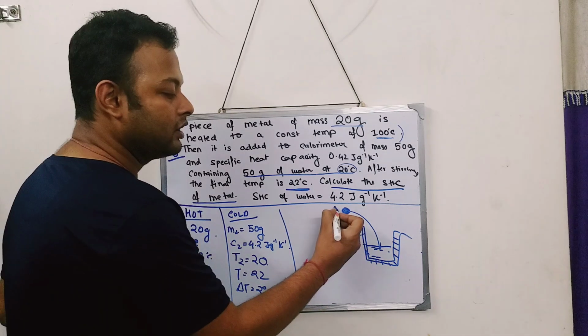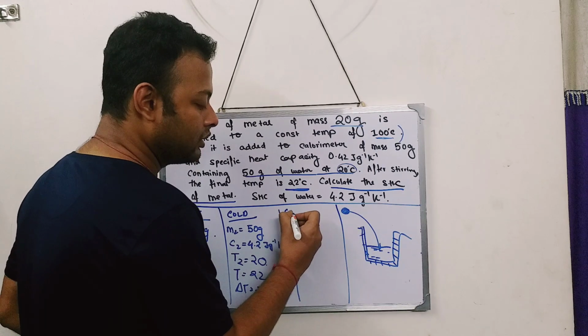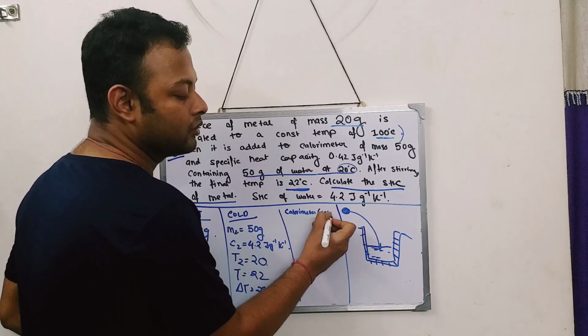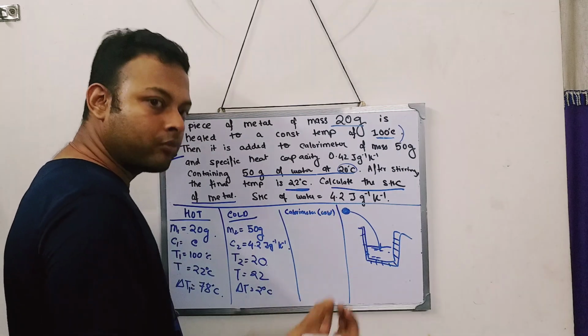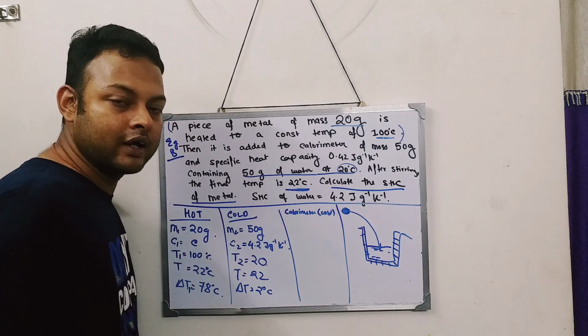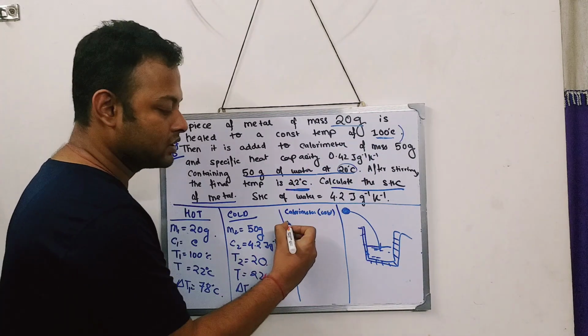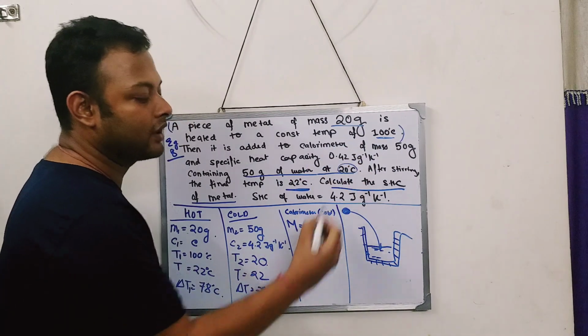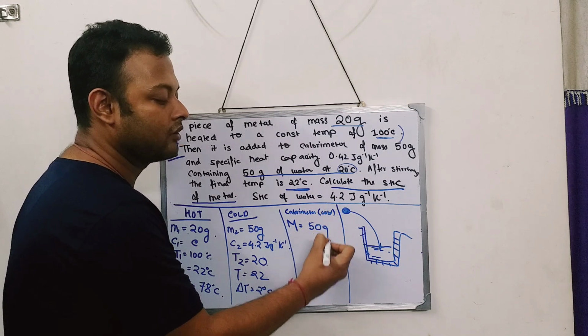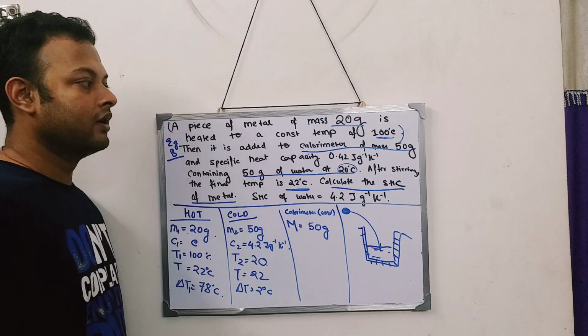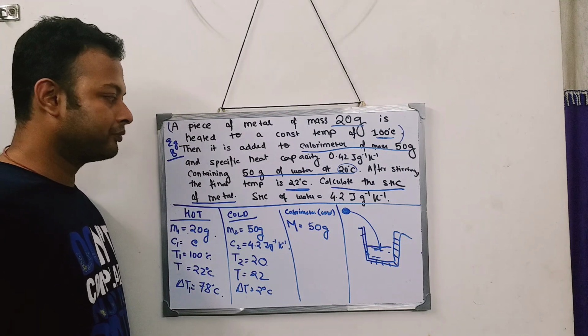Now the third thing I have to get is the calorimeter. The calorimeter acts as a cold body because it is absorbing heat. Any cold body will only absorb heat; a hot body never absorbs heat. Now the calorimeter mass, let's consider this as capital M. The mass of the calorimeter is how much? 50 gram, because it is written: added to a calorimeter of mass 50 gram.